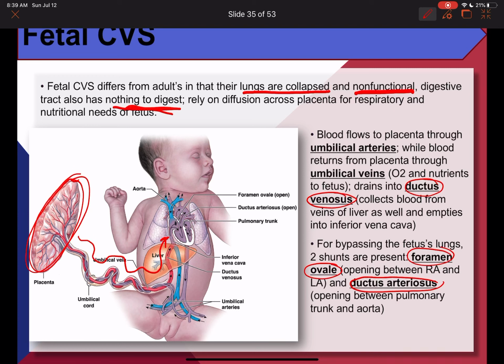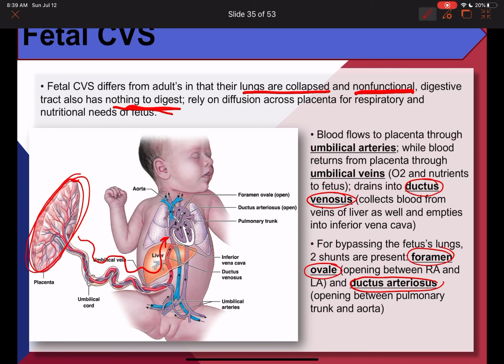So both of these openings, the ductus arteriosus and the foramen ovale, allow blood to travel from the umbilical vein directly to the aorta to be distributed to the baby's arteries throughout the entire system.